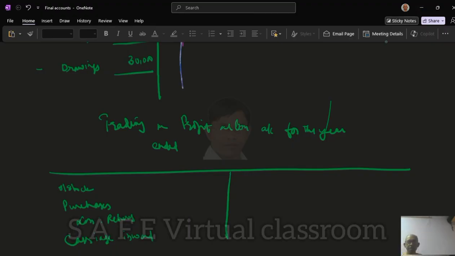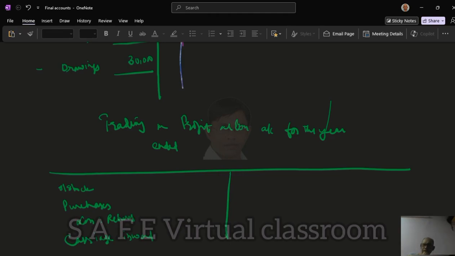Prepare three column cash book account. Journalize the following transactions in the books of Raghavendra. If they say journalize the following transactions in the books of Raghavendra, what do we write as the heading? Just journal, that's all.